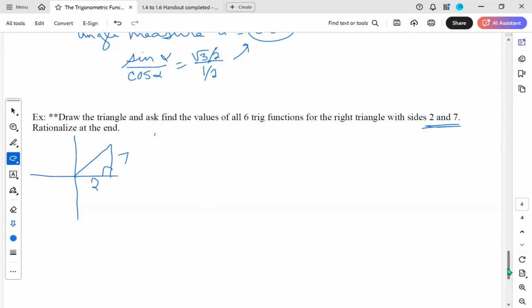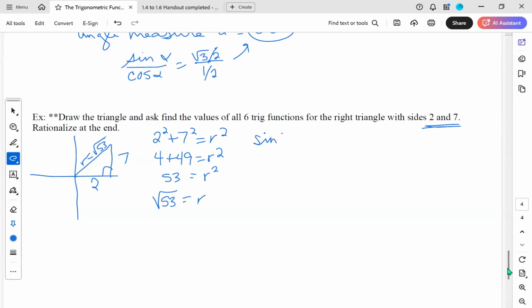So I'm going to say 2 squared plus 7 squared equals my r squared. So I got 4 plus 49 equals r squared. So r squared equals 53, which means r equals square root of 53. Again, I'm only using positives because I'm talking distance, okay?